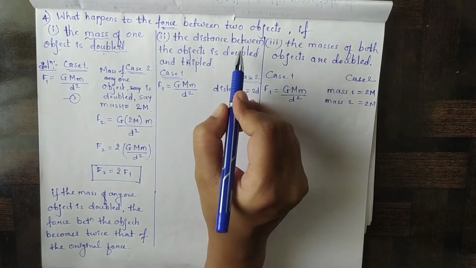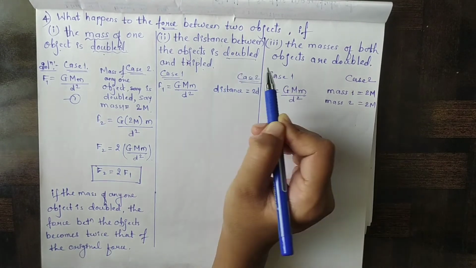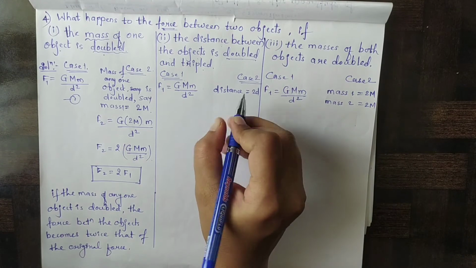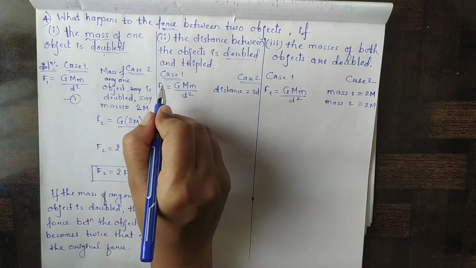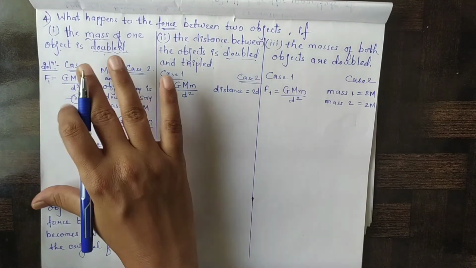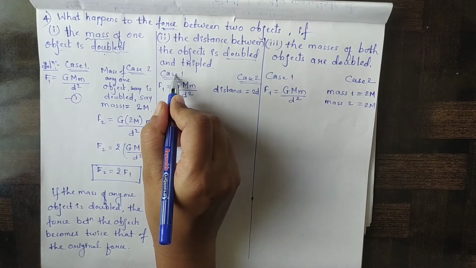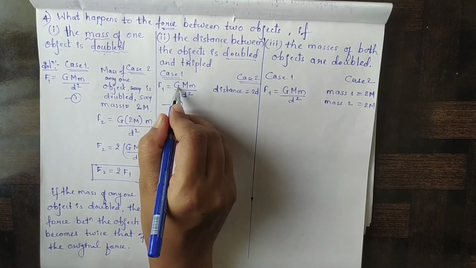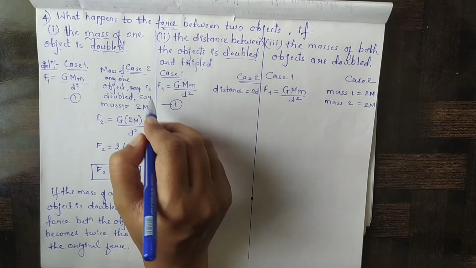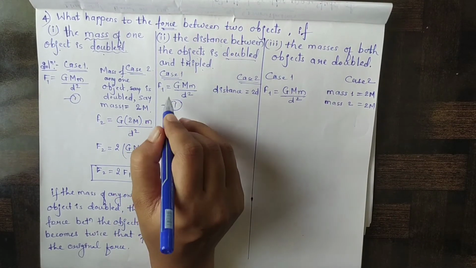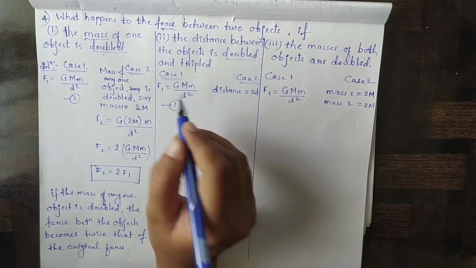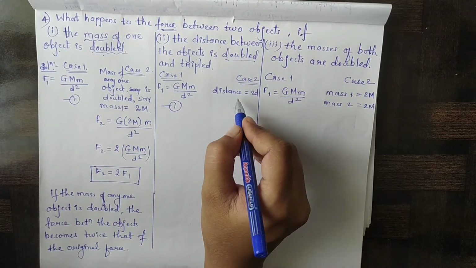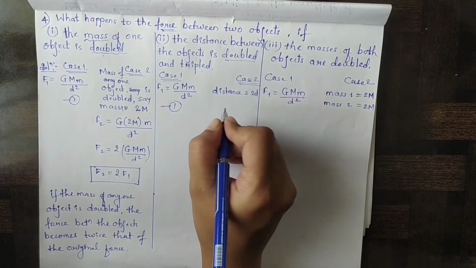Okay, now the second condition: what happens to the force between two objects if the distance between the objects is doubled and tripled. First of all, we will see what happens when the distance is doubled. Same as in the first condition, we will write case 1, case 2. Case 1 is the original case where F1 is equal to G M m upon D square. This is the mathematical form of the original statement of the universal law of gravitation. In the second case, we consider the condition given in the problem.